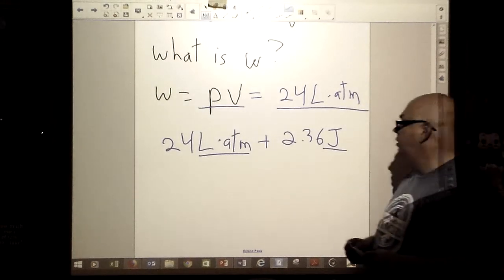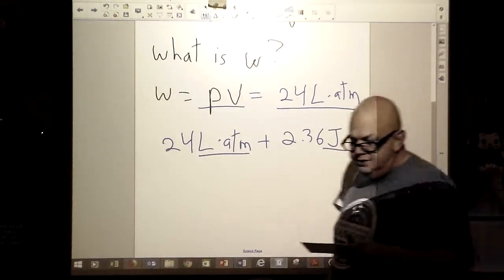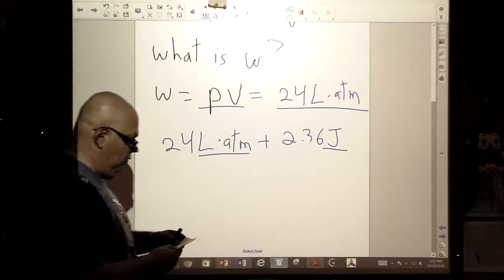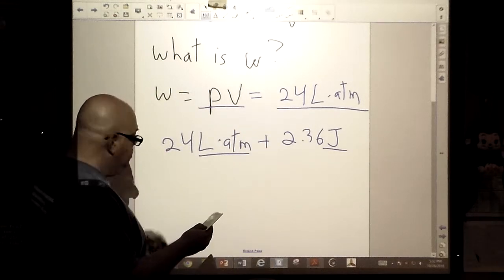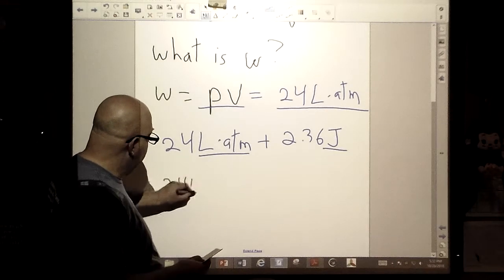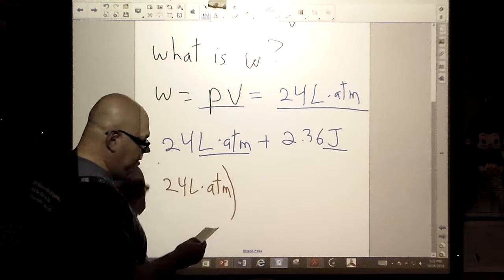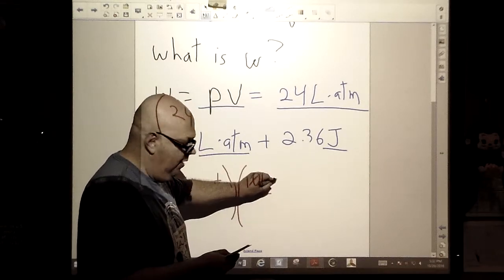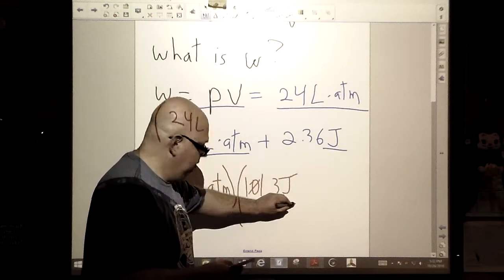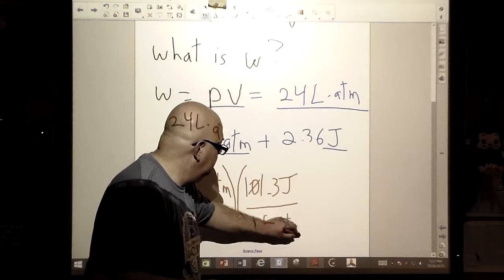So we're going to be converting this. How do we convert it? What's the magical conversion number for it? Well, I'll show you. We need to multiply this times 101.3 joules for every 1 liter atmosphere.